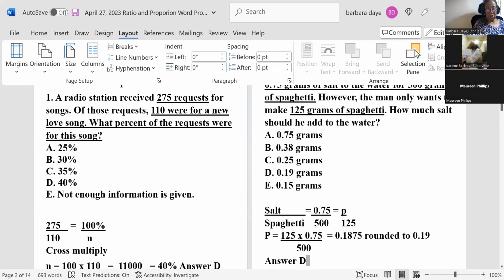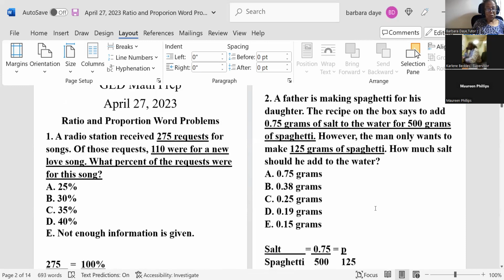And you're looking for the salt. So then your P would be here. It would be 125 over P. So you can set it up either way, but you just got to keep them in order. Like salt over spaghetti, salt over spaghetti, salt over spaghetti. Or if you did salt over salt and spaghetti over spaghetti, you just put it in the right order, right?